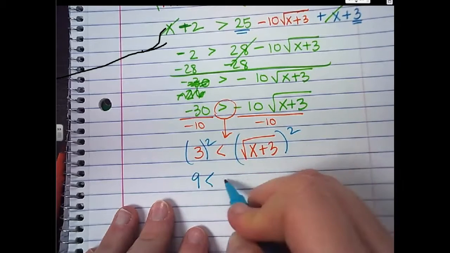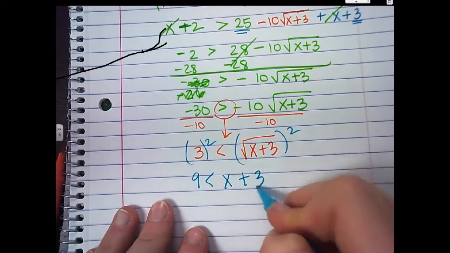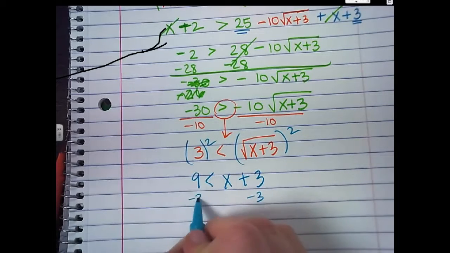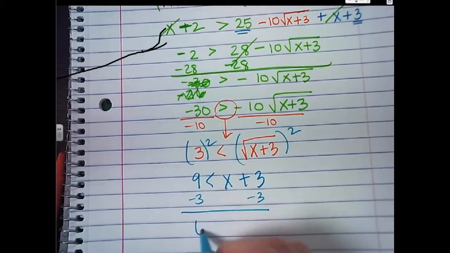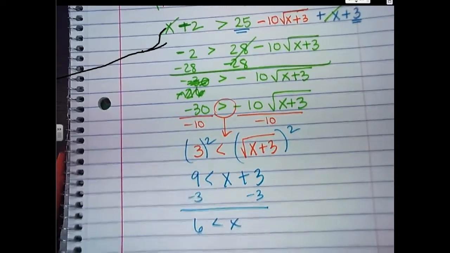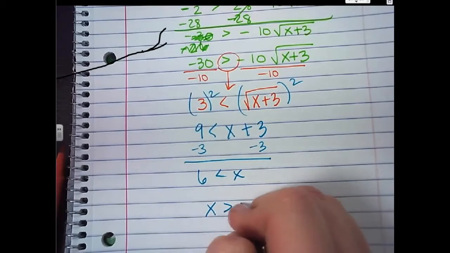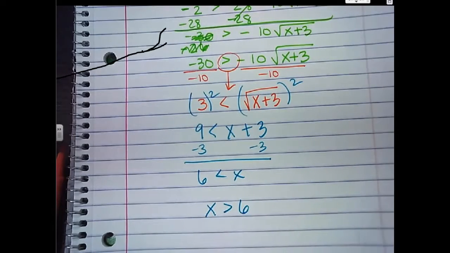9 is less than x plus 3. So I get it's 6 less than x, and I like it always x the other way. So x is greater than 6.